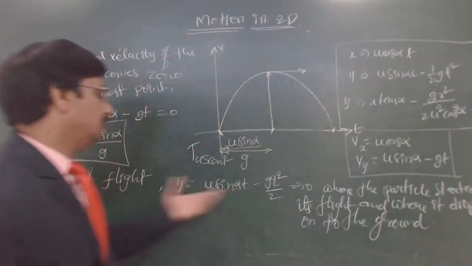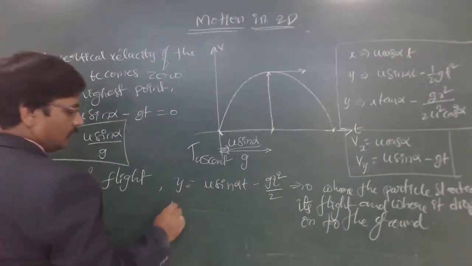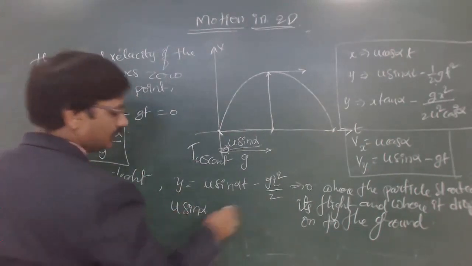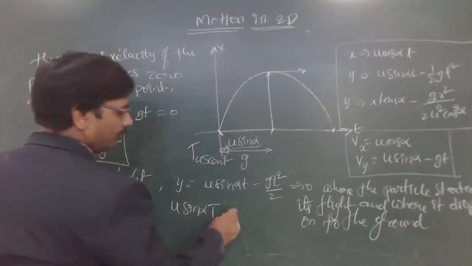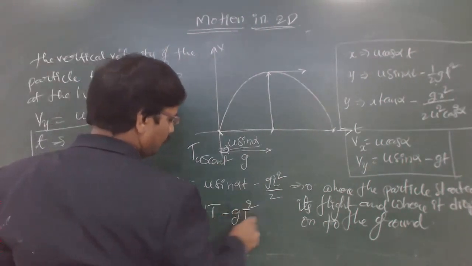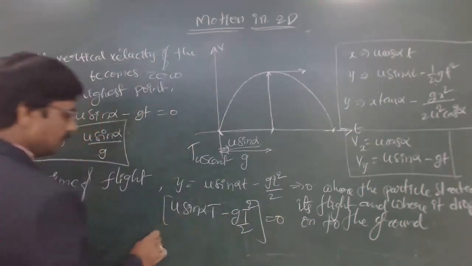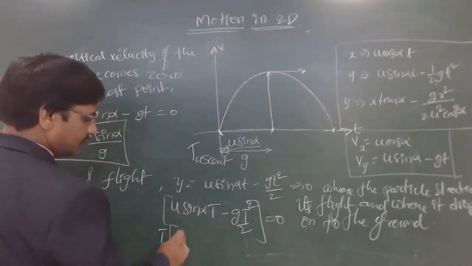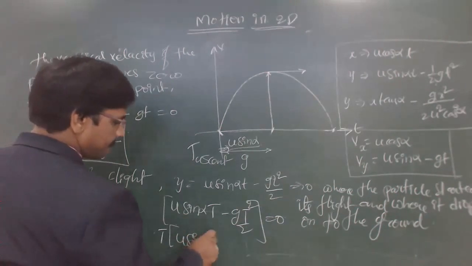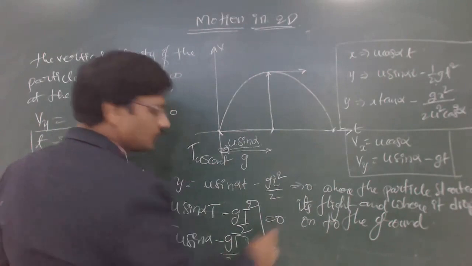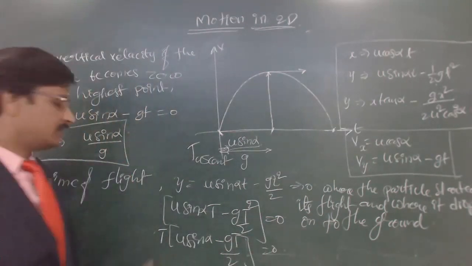And there, if y equal to 0, then obviously u sine alpha into t, I call this the time of flight with a capital letter T, minus g t square by 2 is equal to 0. Now if you take t out from this, u sine alpha minus g t by 2 equal to 0. So there are two different possible solutions for this equation.